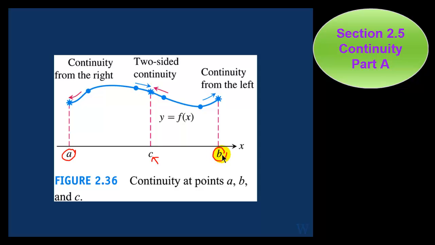And if we have continuity from the left, the limit as x approaches b from the left is equal to f of b, y values approaching f of b. So again, continuity at endpoints and continuity at an interior point.